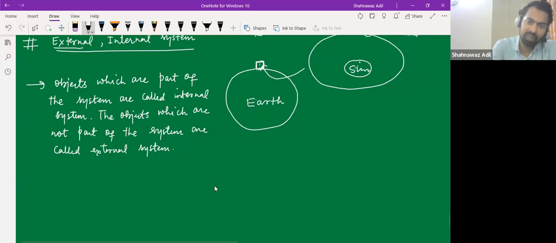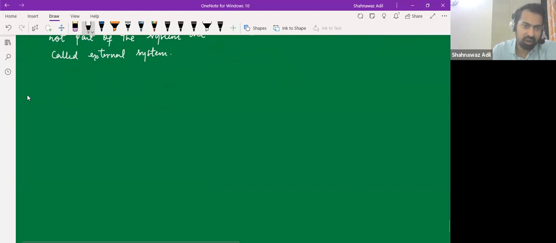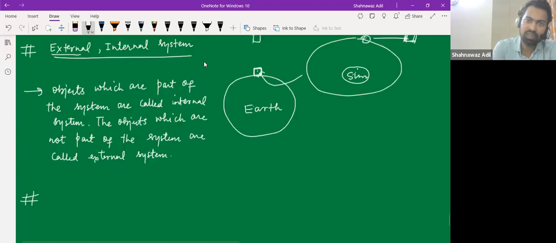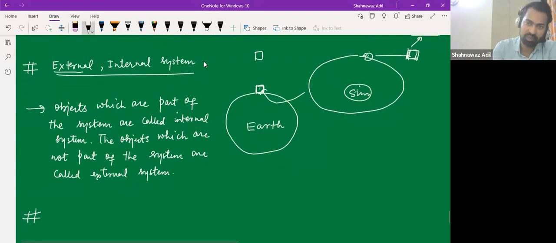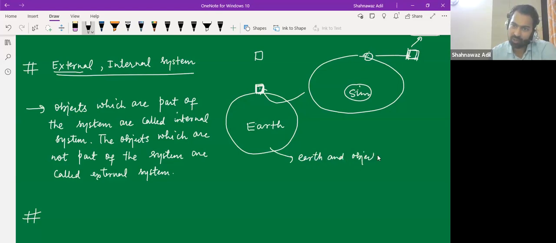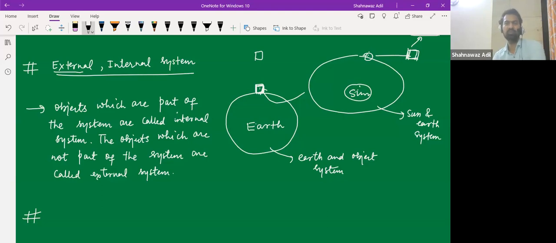Yes, sir. Okay, you guys are noting it down, so please note it down. This is the Earth and object system, and this is the Sun and Earth system. Similarly, you have the Earth and Moon system.